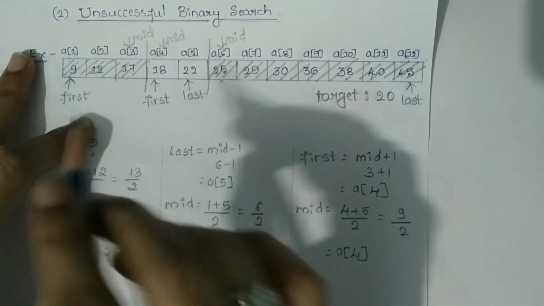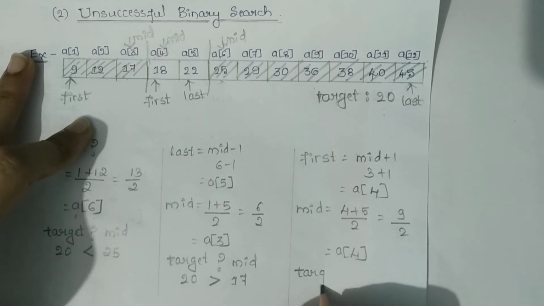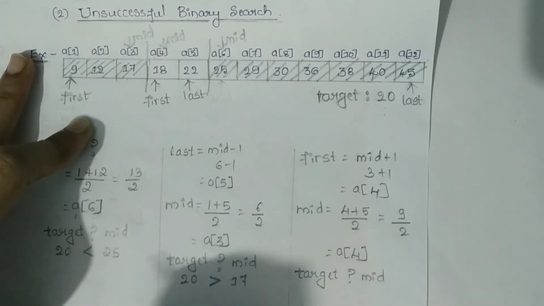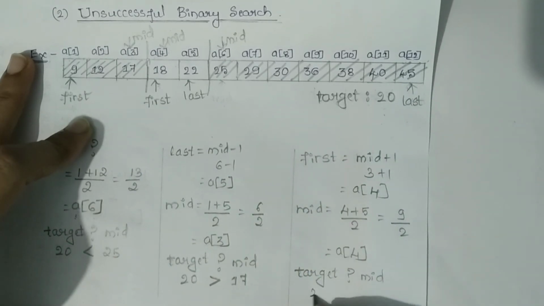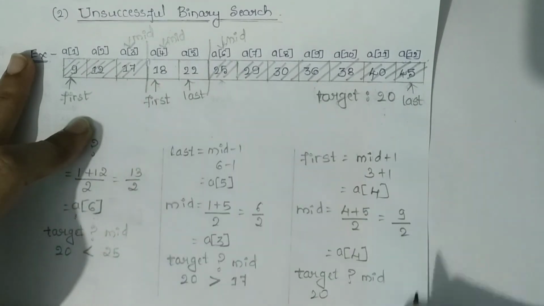Now compare the target value with the middle value. Target is 20. Middle value is 18.